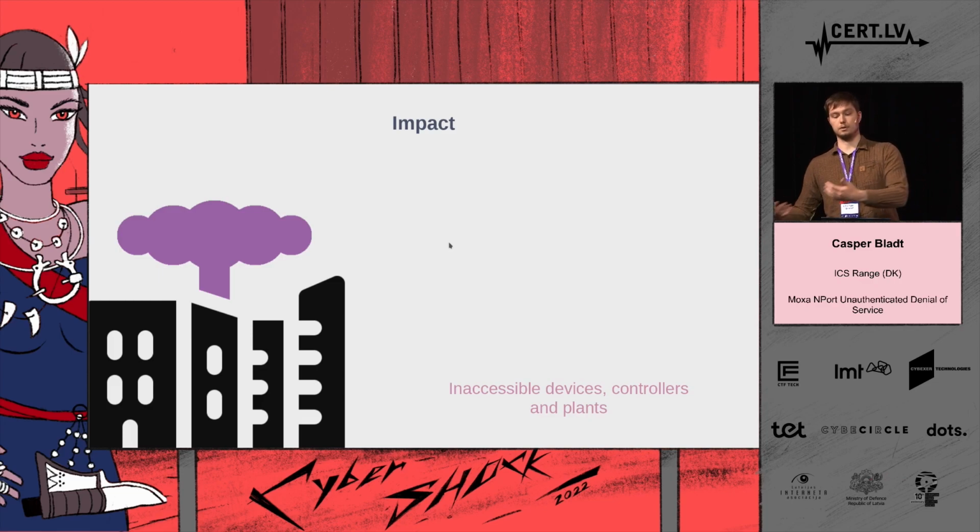Because if they don't know what's going on, they don't know what kind of alarms and warnings and information is being sent back and forth, they'll shut it down. And so in that way, a simple too long web request for a Moxa device can potentially shut down a whole substation for a power grid, taking out electricity for very many people.